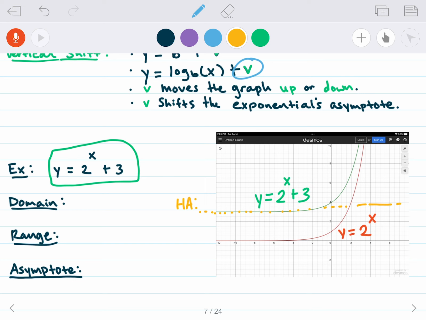Well, originally it's at y equals 0, right? So this is just a boring function. The horizontal asymptote is always at y equals 0 with no transformations. But I'm going to move it up 3 units because I'm shifting the whole function up 3 units. So the new horizontal asymptote is at y equals 3. All right.